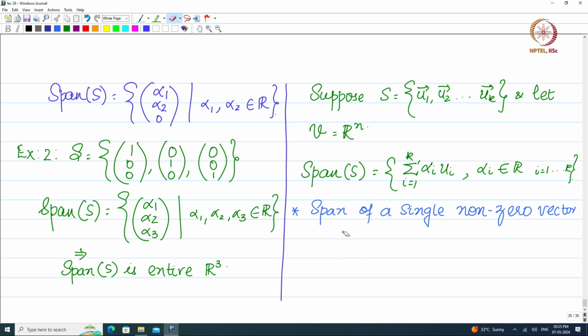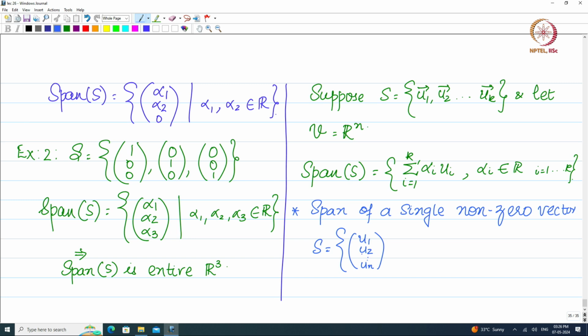Let us take S as the singleton u1, u2, etc., un, an n component vector. Please do not confuse this with the earlier u1 vector, where that u1 itself was an n component vector.